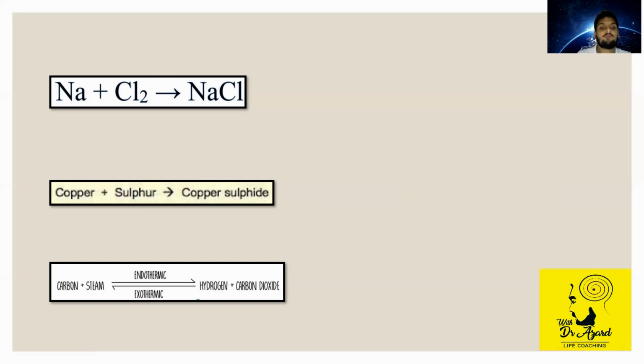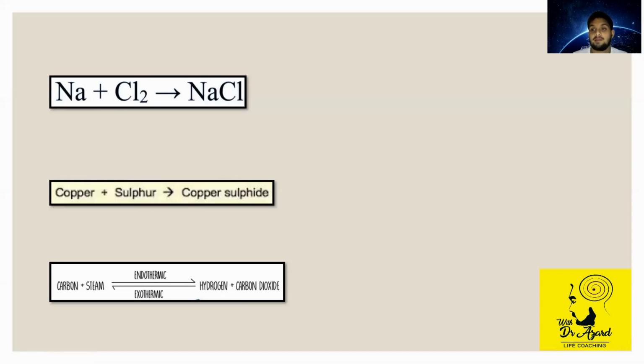So if you take the forward reaction, the one that goes from left to right, you would see that the reactants are on the left hand side and the products on the right hand side. But if you take the other arrow, the bottom arrow, the reaction goes from the right hand side to the left hand side.